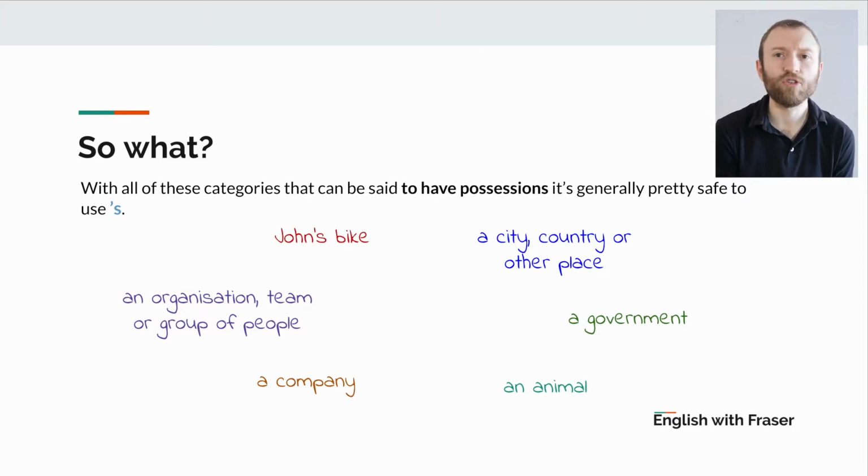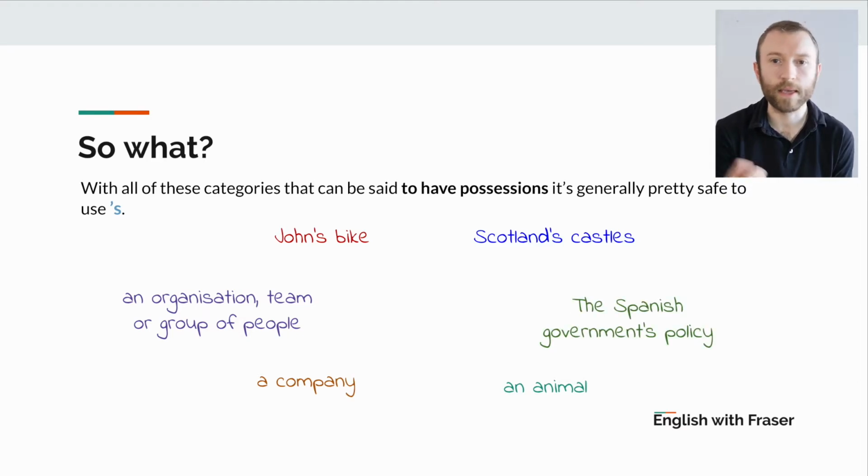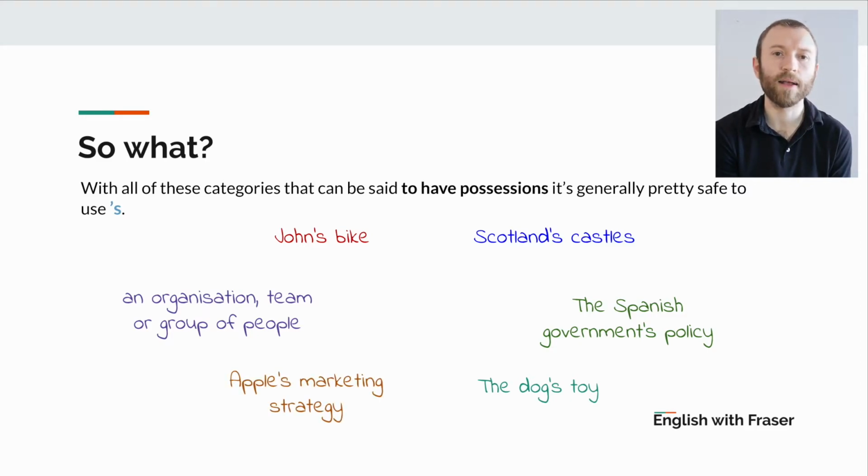For a city, country, or other place, we might talk about Scotland's castles. For a government, we might talk about the Spanish government's policy on blah, blah, blah. For an animal, we might be talking about the dog's toy. For a company, we might be talking about something like Apple's marketing strategy, or we might be talking about Barca's manager.